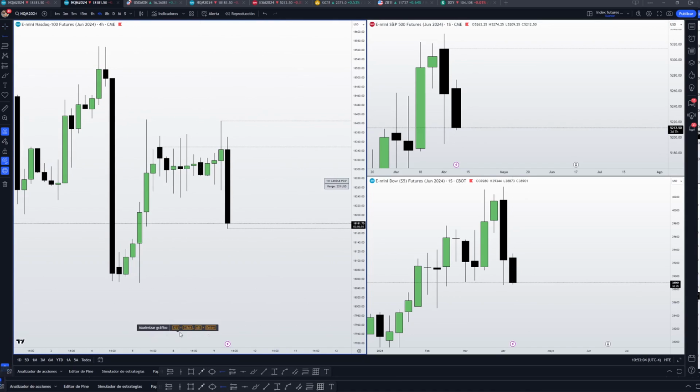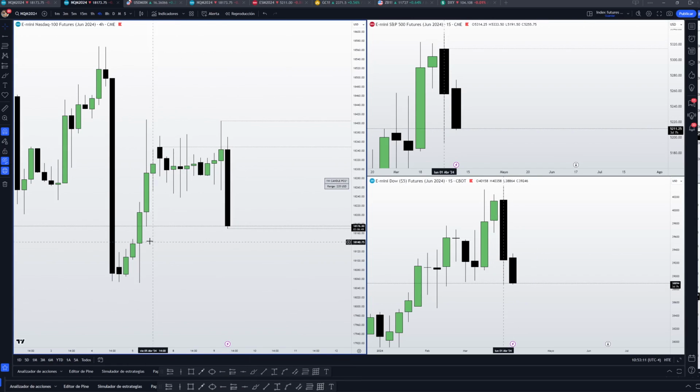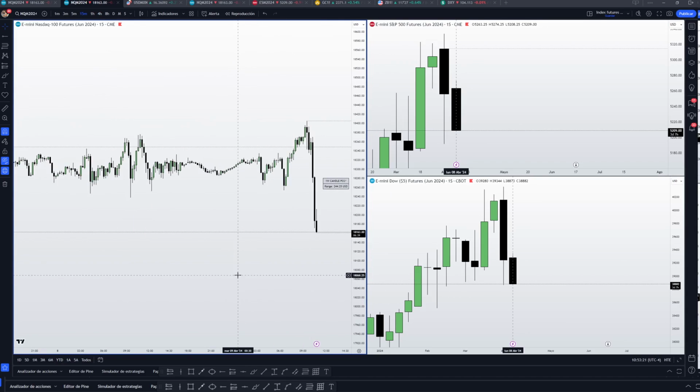So in the 4-hour chart, Nasdaq is in this fair value gap here. Okay, right now inside this.